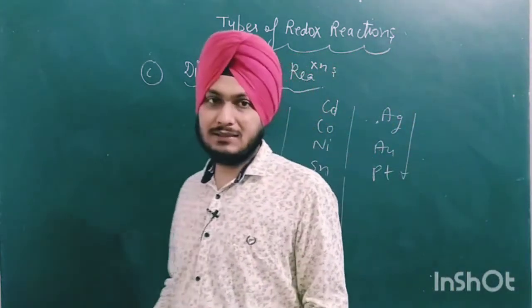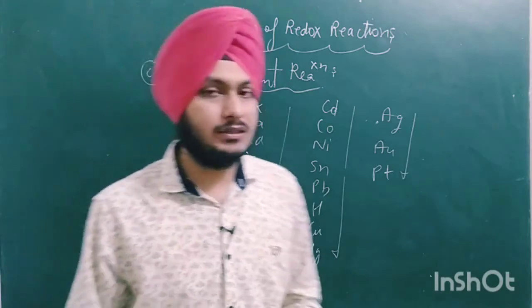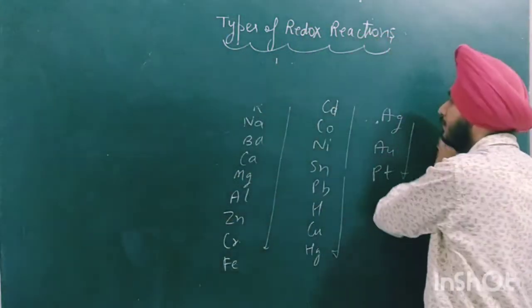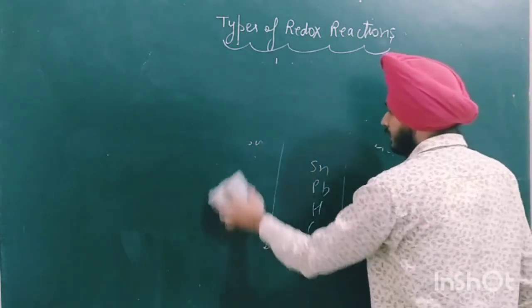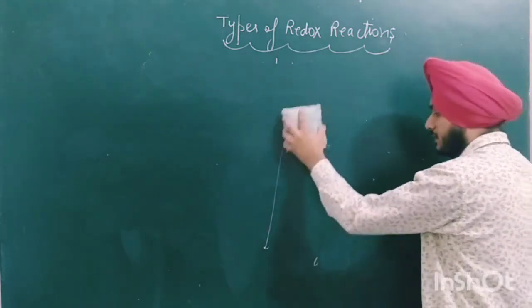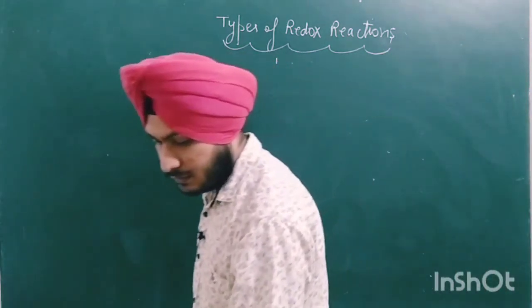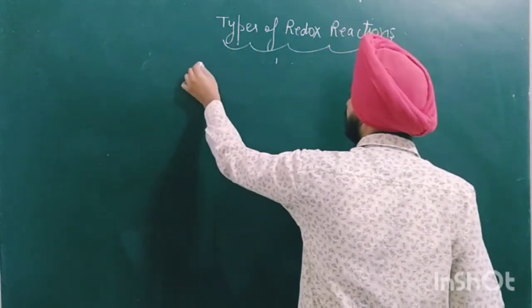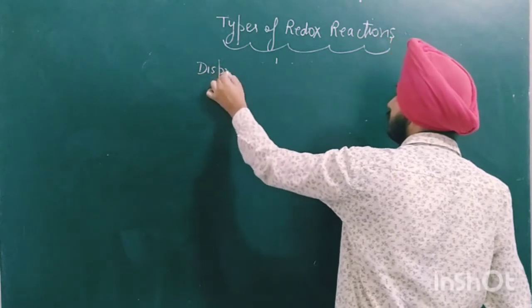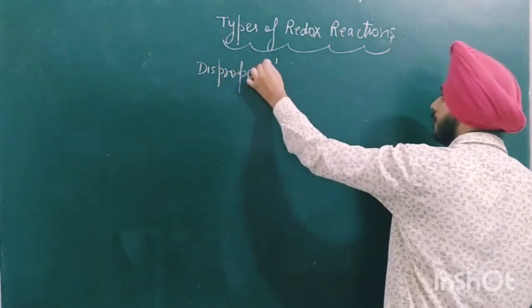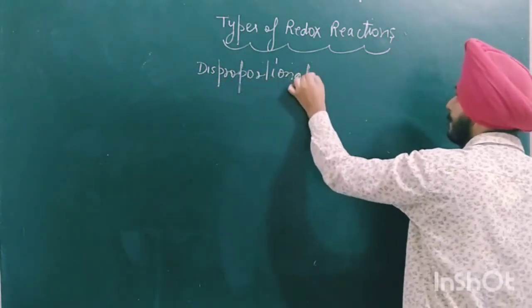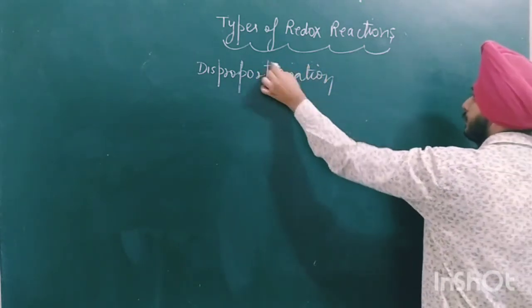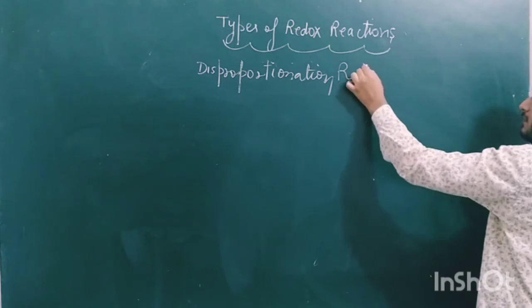Now, the last type of redox reaction is disproportionation reaction, and it is also a very important type of reaction. This is the fourth type.